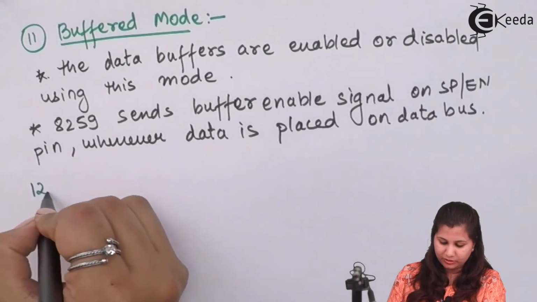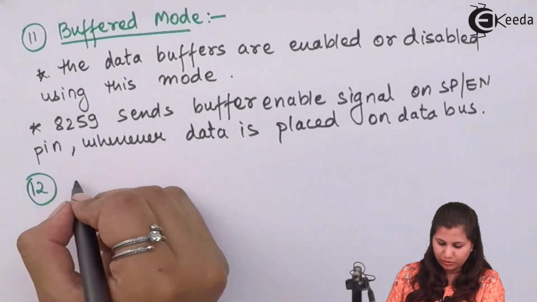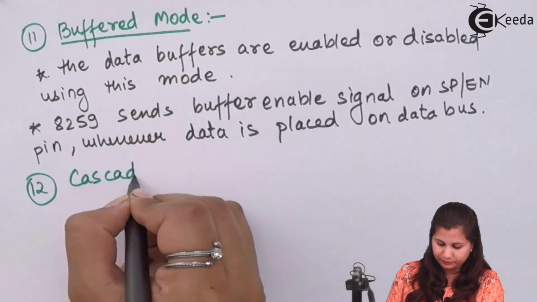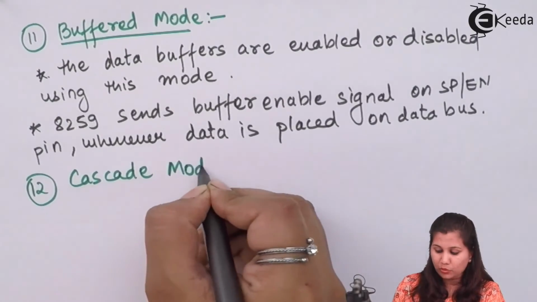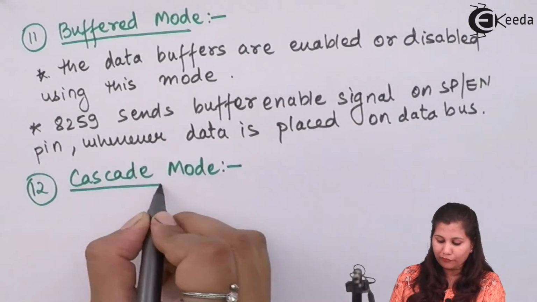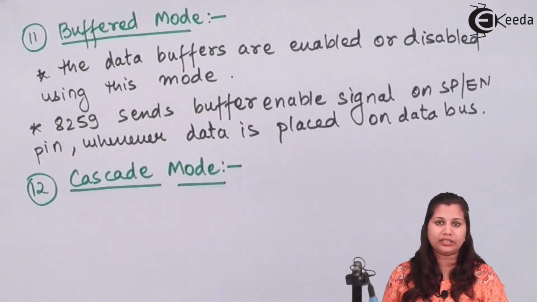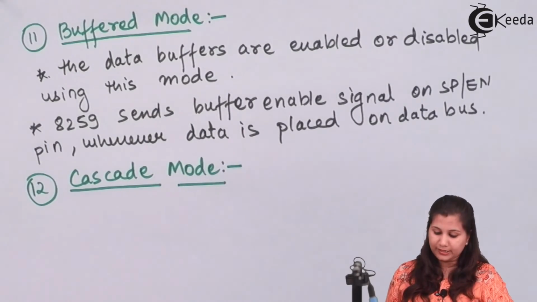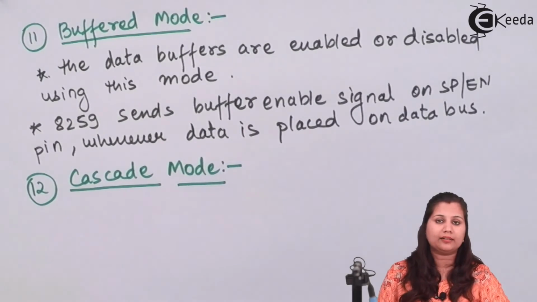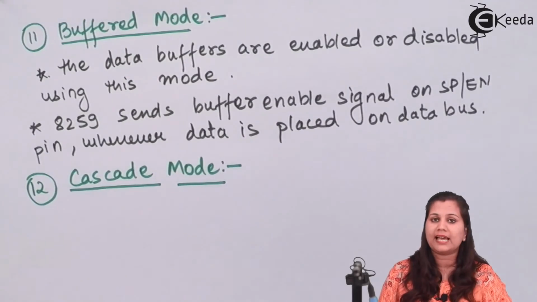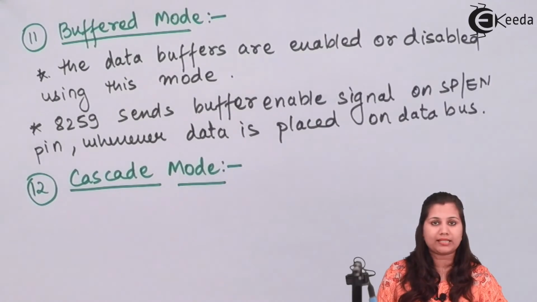Next we have the cascade mode. This mode is used when a number of 8259 ICs are interacting with each other. So in this we have 9 8259 ICs, one master IC and 8 slave ICs.